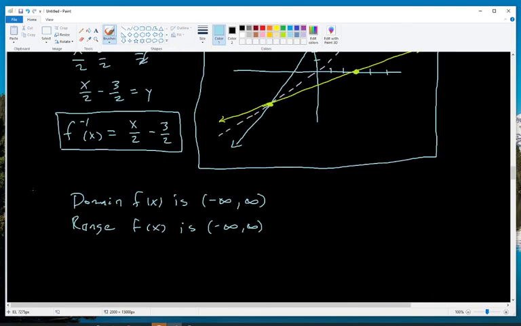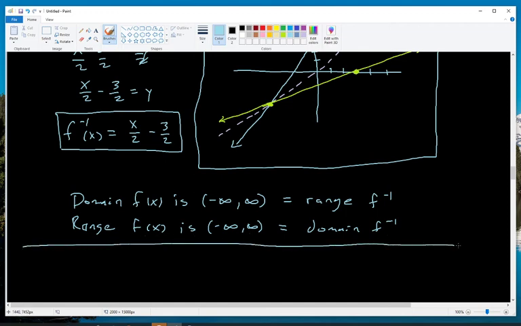So the range of the inverse is all real numbers because that's what the domain of the original is. The domain of the inverse is all real numbers because that's what the range of the original is.